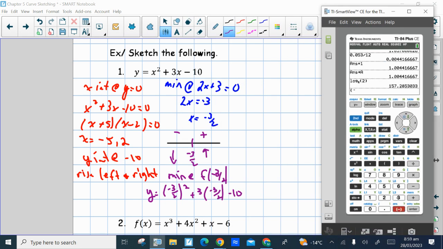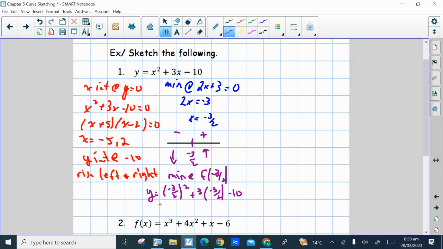In brackets, negative 3 over 2 all squared plus 3, and then in brackets, negative 3 over 2, minus 10. Negative 12.25 or negative 12 and a quarter. So it's going to be negative 3 halves, comma, negative 12.25.